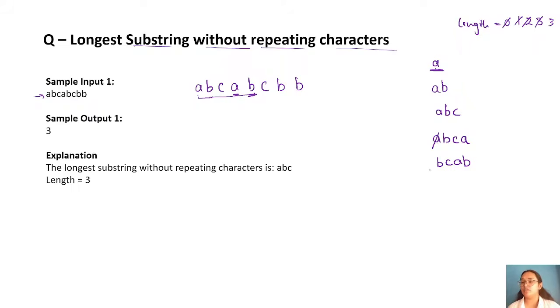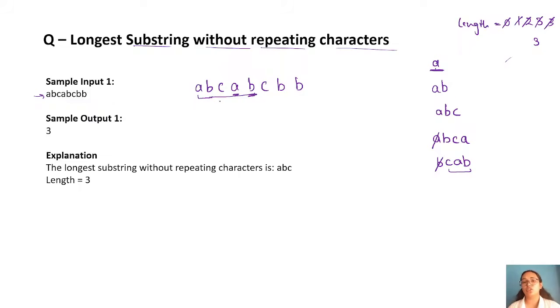Once you check the condition again, it is not being followed, because one character is getting repeated, that is B. So you'll start removing elements from the first, from the initial steps. Now what you have is CAB, which is again a substring without repeating characters, right? And your length is again 3. So it will be 3 only.